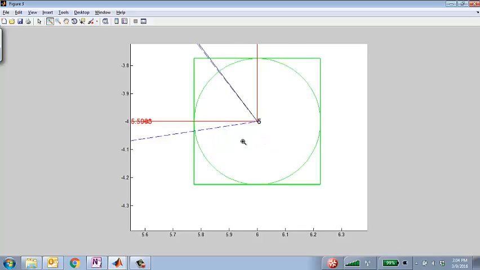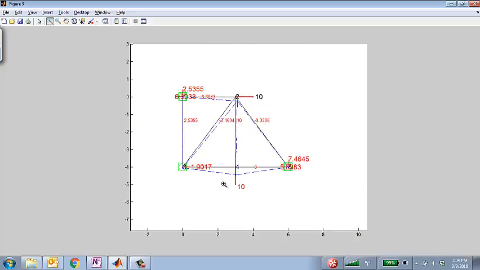As it should. So even for a complicated, well, this is not too complicated, but even for a degree of redundancy of 2, a method like the force method, you would have to calculate 5 different displacements just to solve the internal forces, and then to solve for actual displacements at the nodes, you would have to repeat all that process to find the displacements at each one of those nodes.